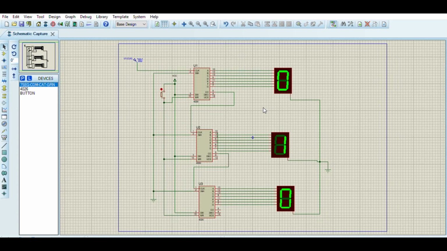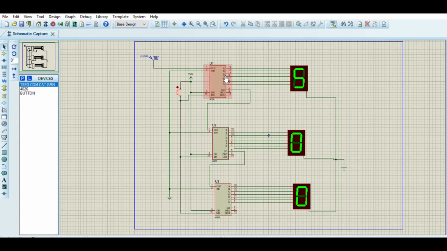After that, we will move to show how this circuit works in simulation. As mentioned earlier, we have used the 4026 IC. This is a 7-segment display decade counter. Here we have used 4026 ICs and implemented a 3-digit counter circuit which counts from 0 to 999.